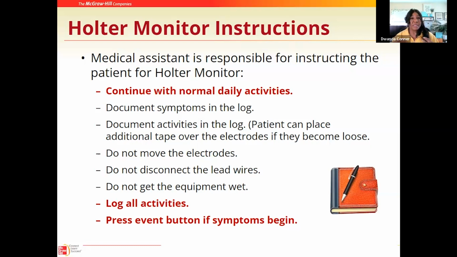If for some reason those electrodes do become loose, the patient has instructions to apply tape to make sure that the electrodes do stay in place. They are going to keep the area clean and dry. They'll have instructions on not removing any of the electrodes, not disconnecting any of the lead wires, logging all activities, and utilizing that event button if symptoms do occur.